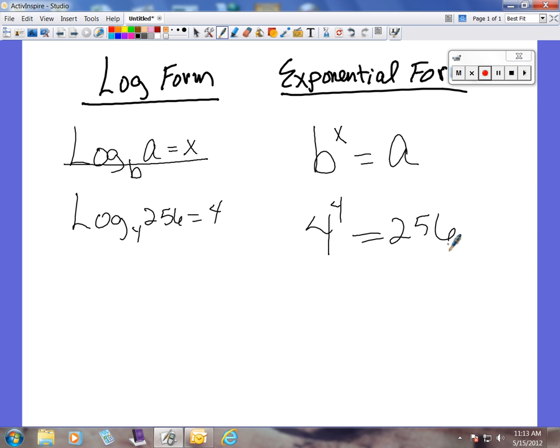And could it also be standard form? And they were written two different ways, but still the same line or the same equation. Are you following me? Do any of you remember point slope form? Okay. All of those are the same line, just written in two or three different ways. So this is exactly the same thing written two ways. You're just not used to log. You've never seen it before. Logarithms.